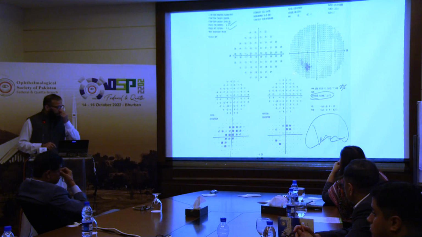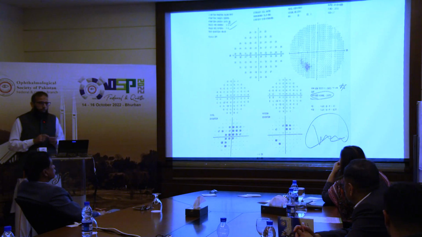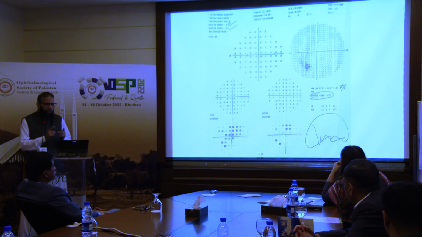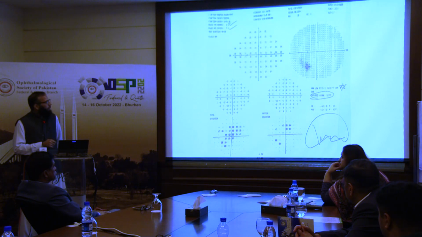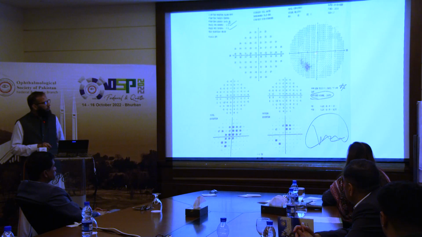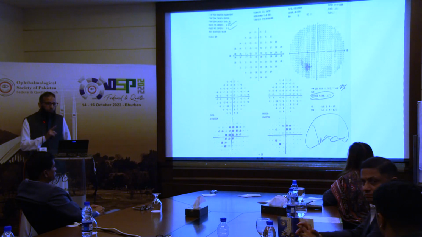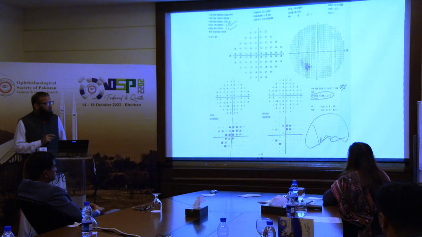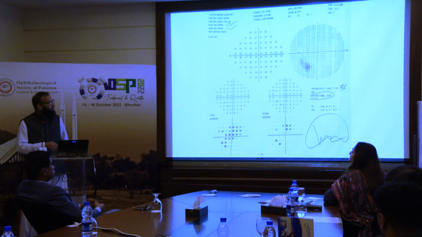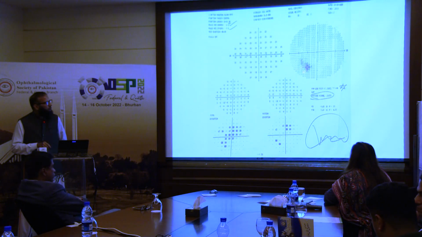This actually occurs because there are two fixation points in the visual field machine. When we are checking the sensitivity of the fovea, the fixation point for that test is different from the fixation point used to check the rest of the field. Sometimes the patient fixates on the fixation point for checking the sensitivity of the fovea.